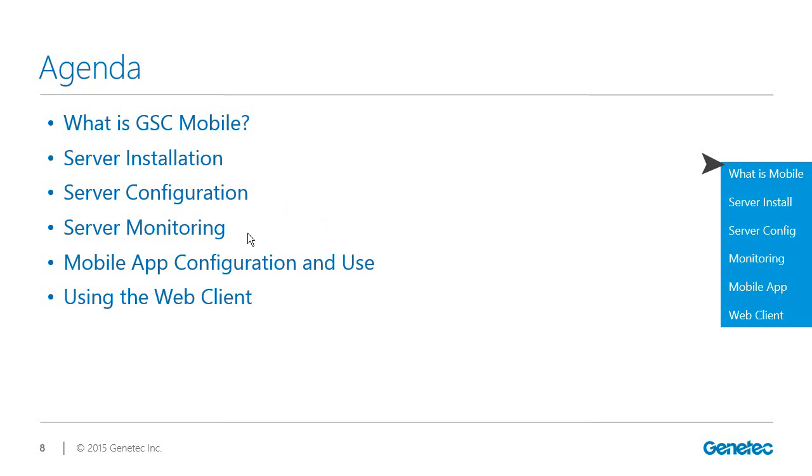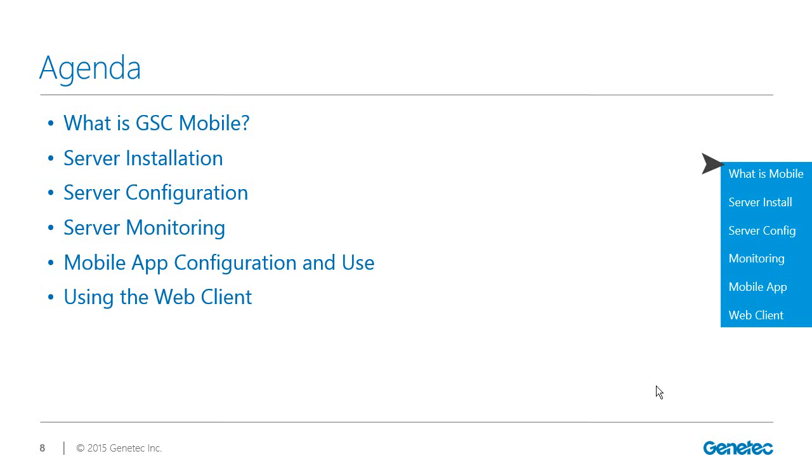We're going to see what we can monitor from the server after that, including notifications and functions that we can do. Finally, we'll take a look at the mobile app configuration and use, and how to connect using the web client software.